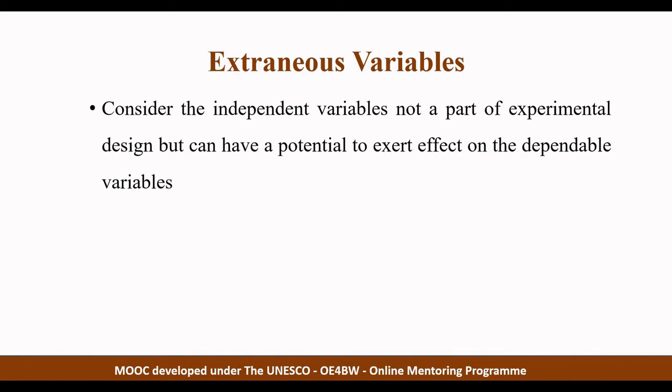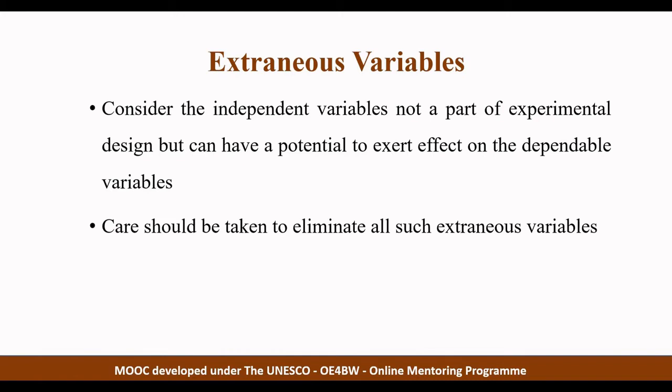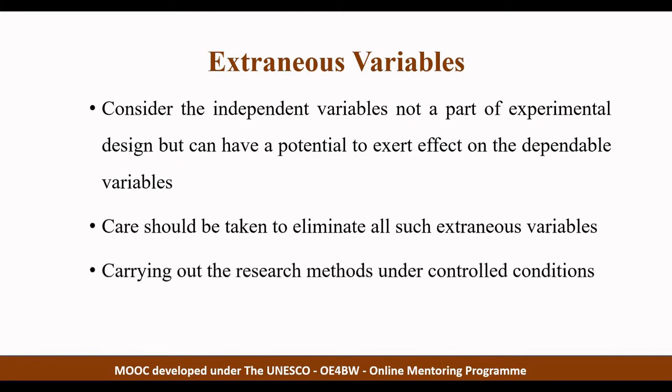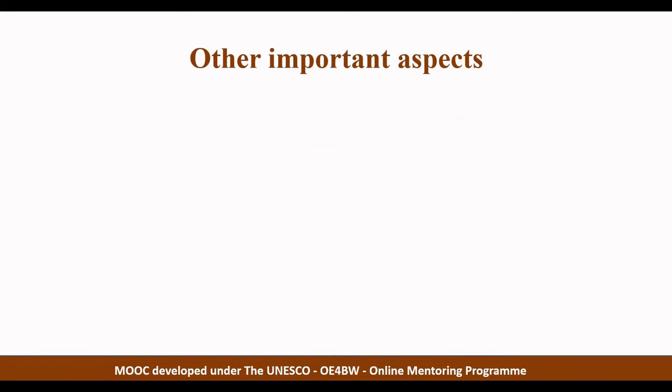Hence, care should be taken to eliminate all such extraneous variables while designing the experimental methods. This is usually achieved by carrying out the research methods under controlled conditions whereby all the other factors are maintained constant at their optimum conditions.